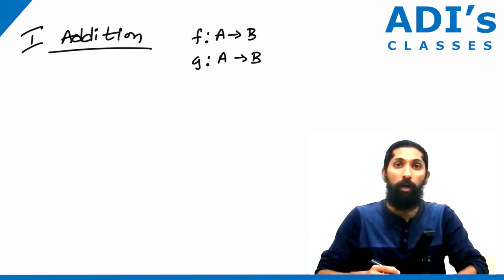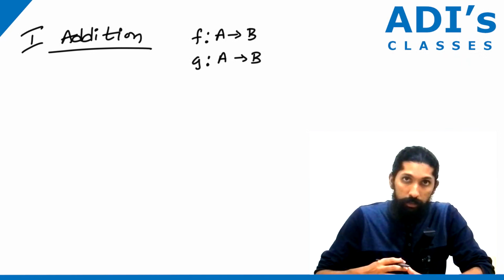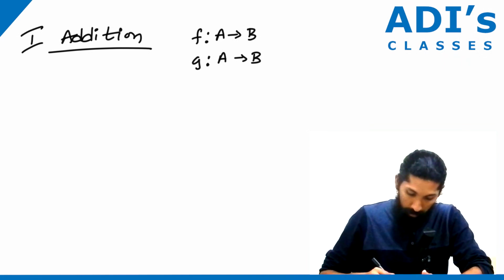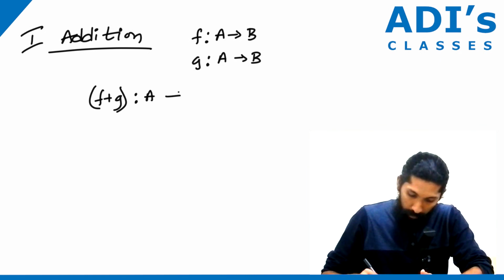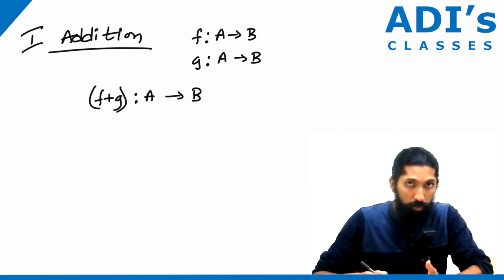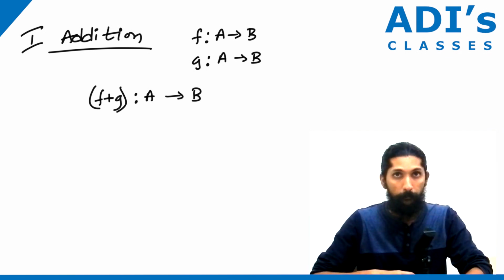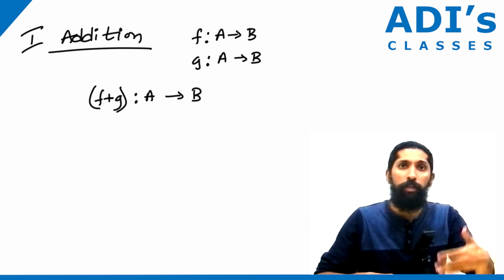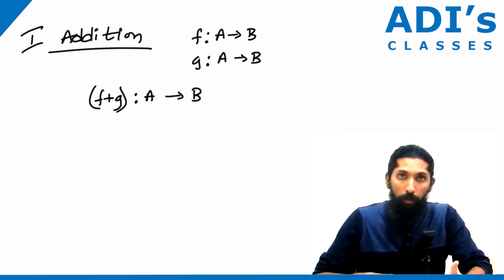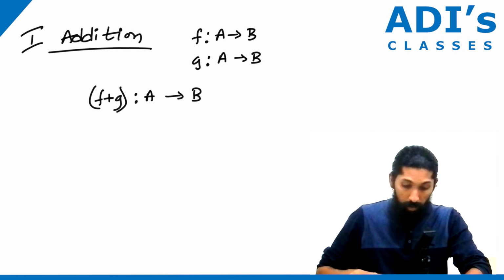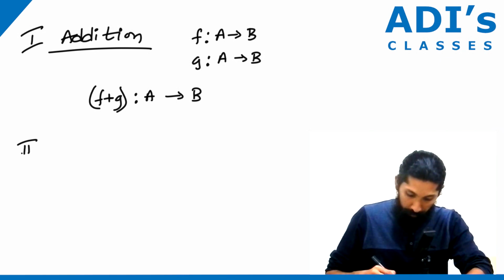Now what this addition property tells you is that when we add two functions, we can write this as f plus g is also from A to B. So this is basically addition of two functions. Alright. So we'll look into different examples. We'll solve a few problems. Then you guys will understand how this addition works. Fair enough? The second one is the subtraction.